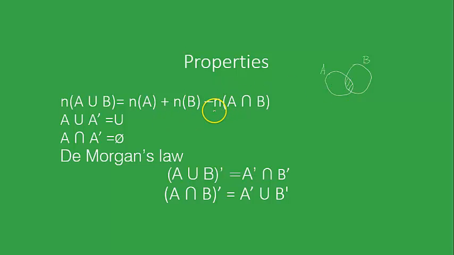So we have to subtract off the extra part to obtain the number of elements in A union B.